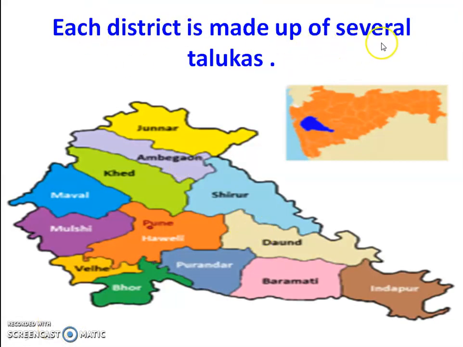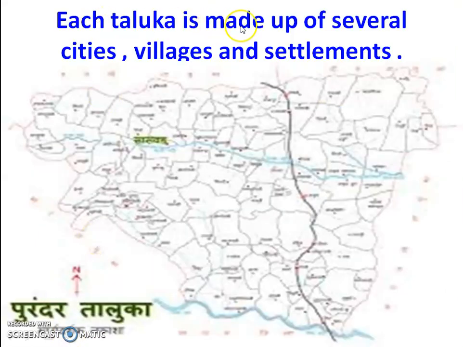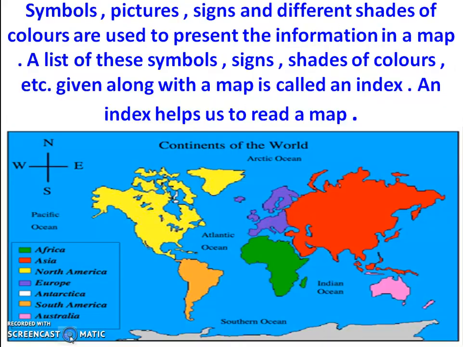Each district is made up of several talukas. In our Pune district there are 13 talukas and we live in Purandar taluka. Each taluka is made up of several cities, villages and settlements.